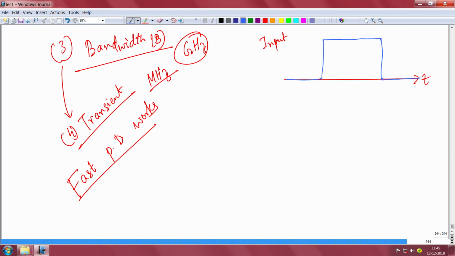Now this is the input optical power, but the output has to be electricity, the photocurrent. So this is time.